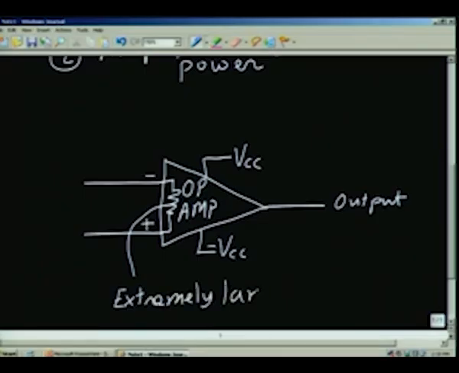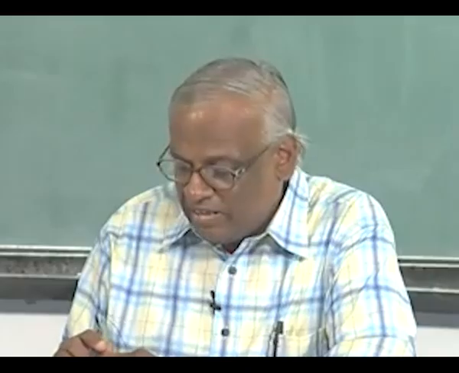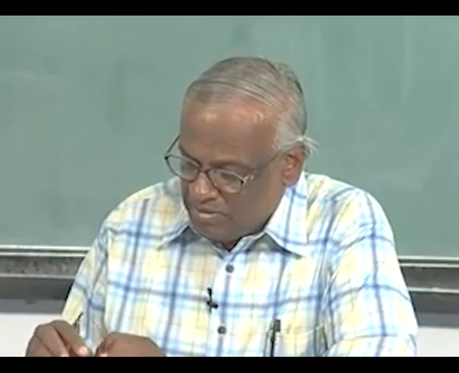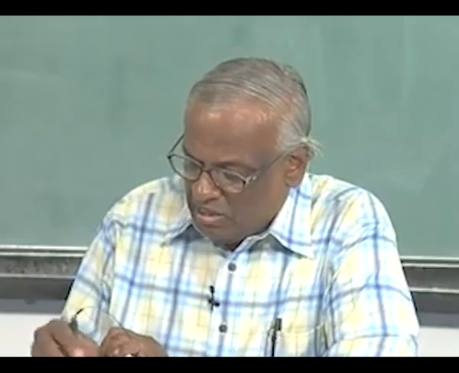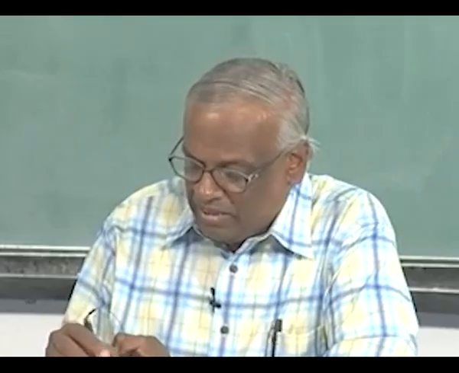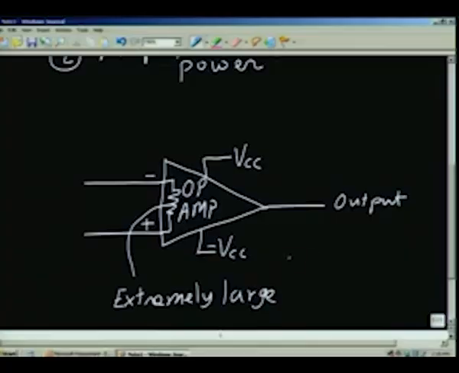So, we say that the operational amplifier has almost infinite input impedance, number one. Number two, the operational amplifier also has a very large gain, that is, if you do not connect anything to the terminals, the gain may be something like 10 to the power of 5 or more.